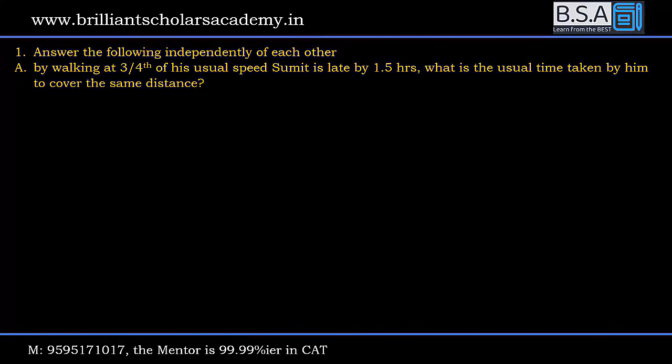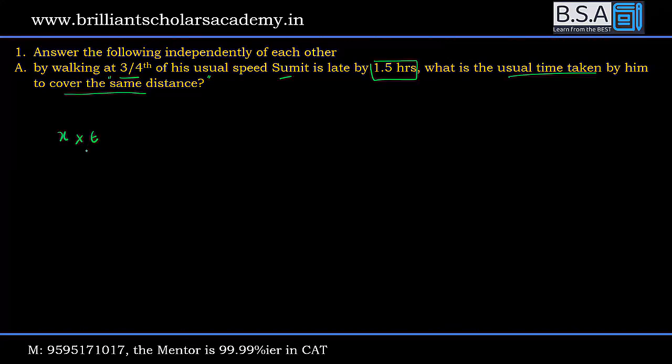By walking at 3/4 of his usual speed, Sumit is late by 1.5 hours. What is the usual time taken by him to cover the same distance? So let me form equations first. There can be multiple methods. Earlier speed is x, earlier time is t.